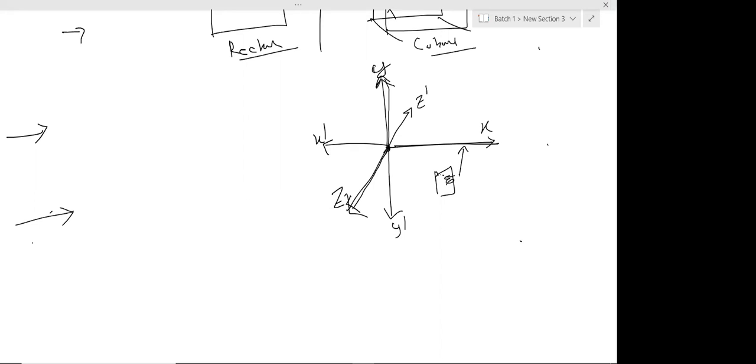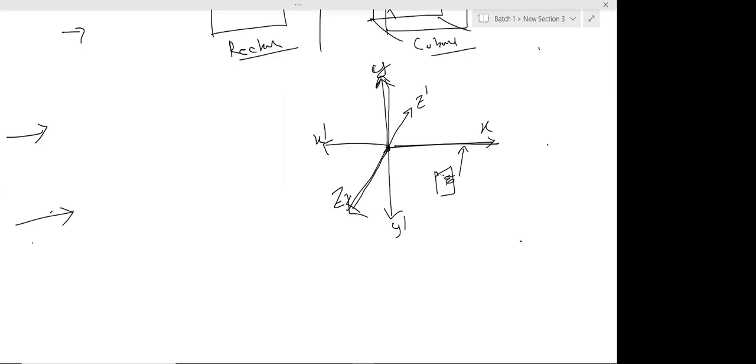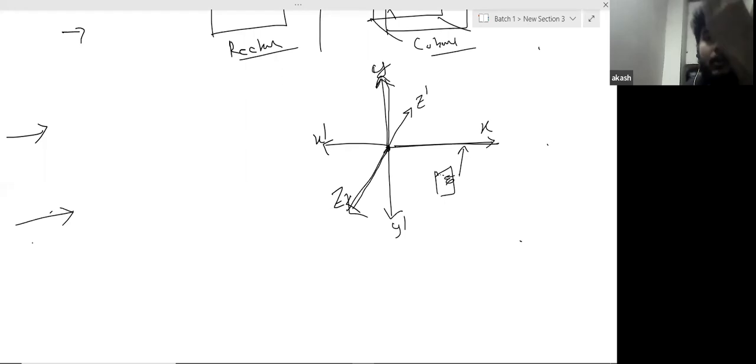Okay. So now we have two planes. One is this, one is this. All the space in this world is divided into four equal parts. One plane is cutting it in half, another is cutting it in another half. So four parts. Is it clear? Yes, sir. Now look at the front wall.